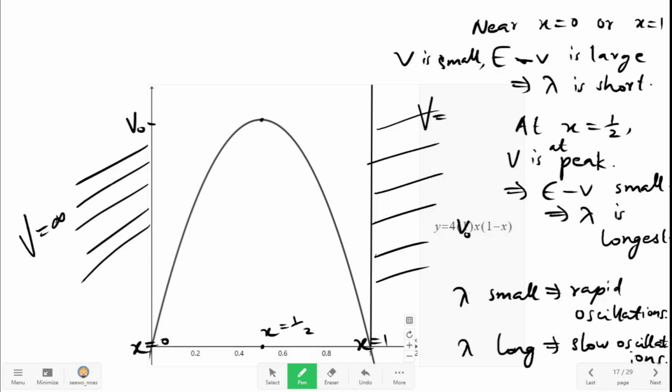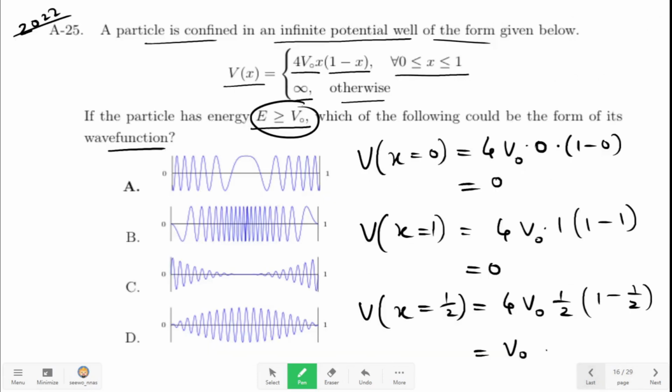Therefore, we expect rapid oscillations near x = 0 and x = 1. So here in option A we have rapid oscillations near x = 0 and x = 1, and slow oscillations at the center. So option A is the correct answer here.